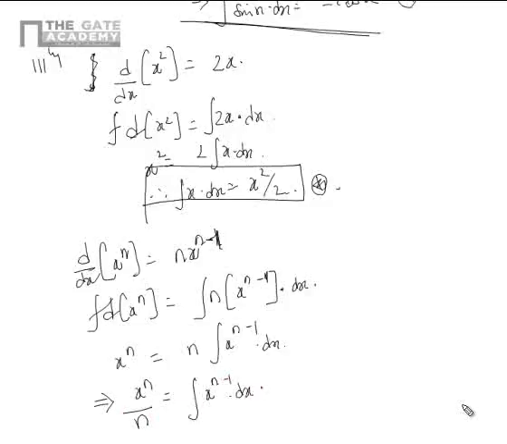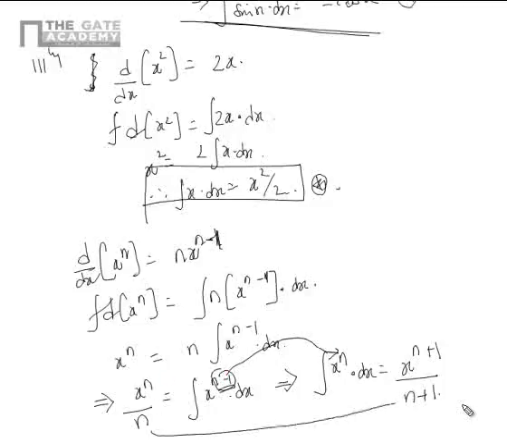Or in other words, integral of x power n dx is equal to x power n plus 1 by n plus 1. Here I am just replacing this n minus 1 by n. If n minus 1 becomes n, this n becomes n plus 1. Both are the same. I added 1 here, so I correspondingly modified these terms also.